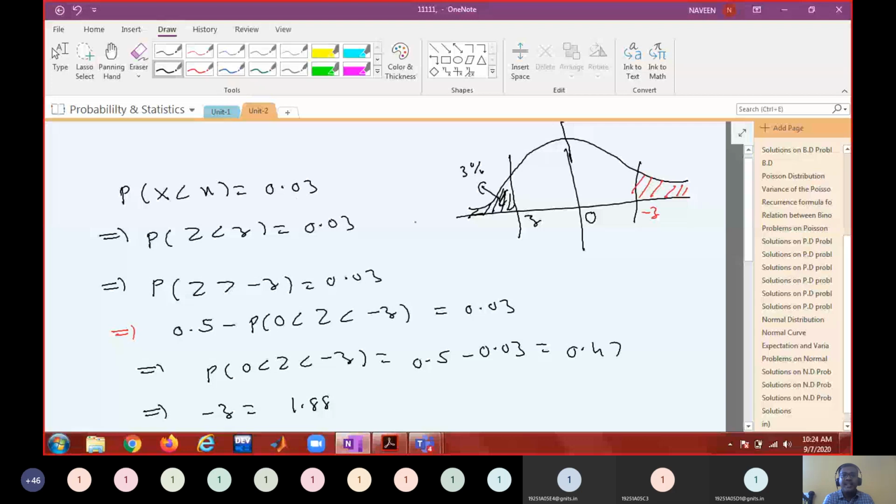Because 3% is the left tail, instead of writing it as z, if I assume it as minus z, definitely z is going to be positive. So some people write it as minus z instead of z because they think that z is always positive. It all depends on our assumption, on how you are assuming.